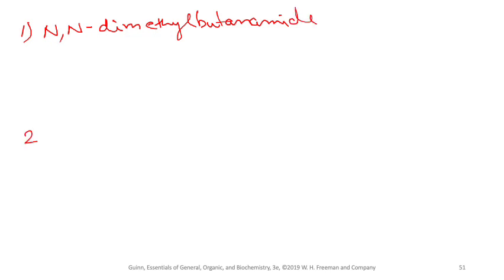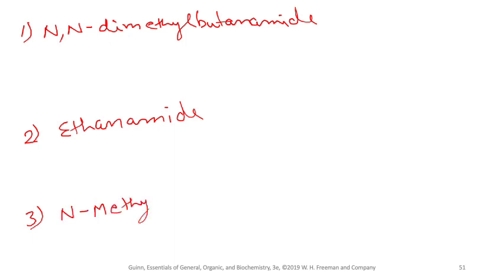The second one that we're going to do is ethanamide, and the third one is N-methyl pentanamide. So let's try to do all these structures from the names.